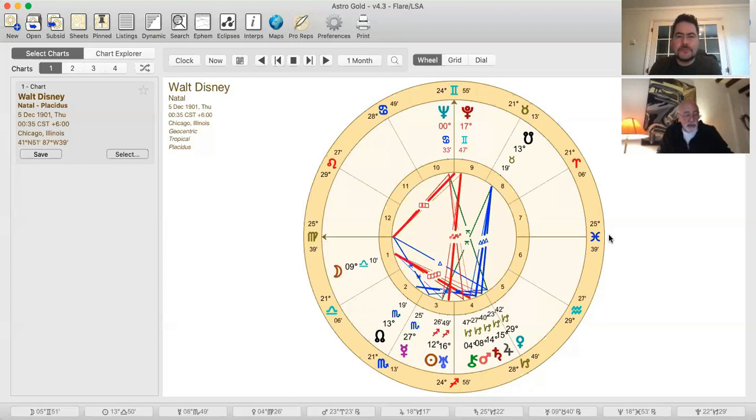But the other things that were happening, there was a solar eclipse at 8 of Libra on his moon, the moon ruling the 11th house. And that was his ability to kind of key in to the public, to the zeitgeist.